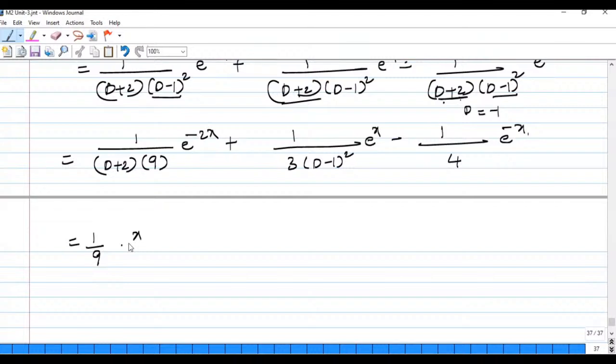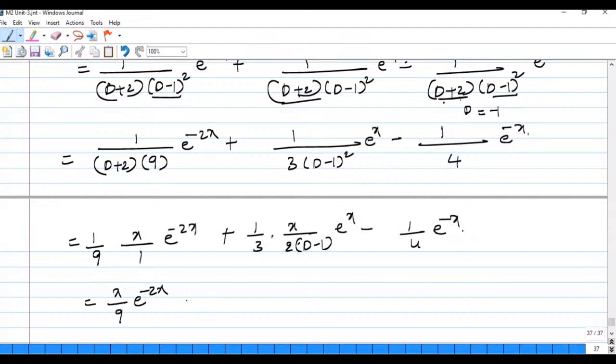Now 2d, x by 2 into (d minus 1) e power x, minus 1 by 4 e power minus x. If you put d equal to 1 in the second term, 0. Then x square by 1, x square by 1 into e power x, minus 1 by 4 e power minus x. This is the PI. Is it clear?